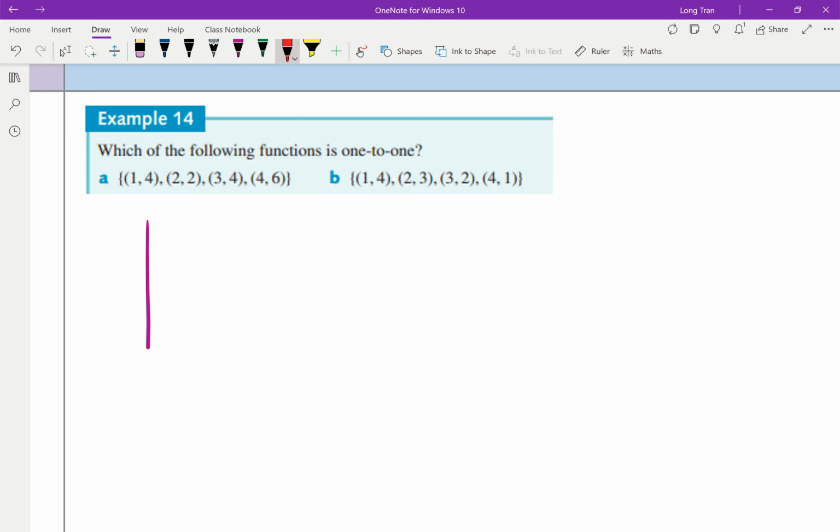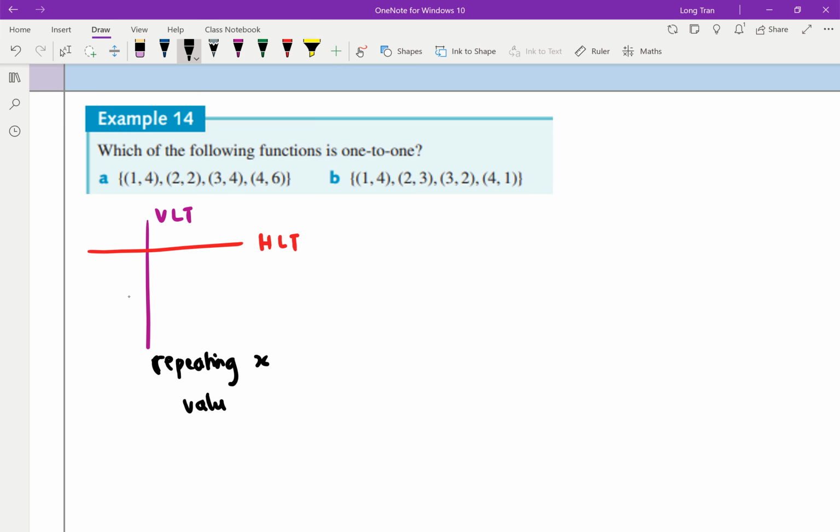And one of the things that we learned in this exercise is to do a horizontal line test. So horizontal line test versus a vertical line test. Okay, and in our case here, which one of these is a one-to-one? Well, the best way to know is when you're doing a vertical line test, you're looking for if it's a function, which means any repeating x values, right?